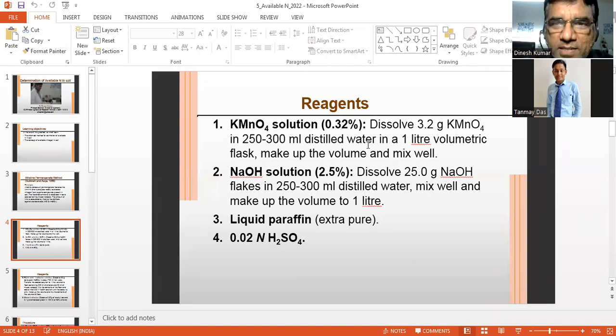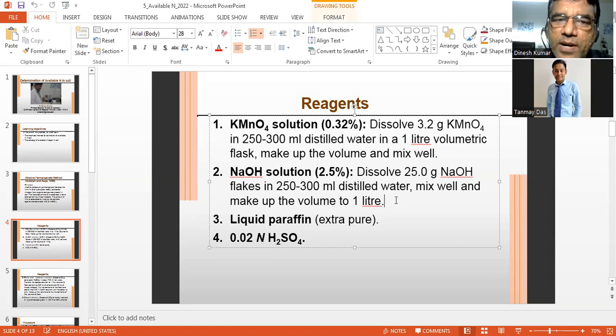Now, next is your sodium hydroxide solution. Here it is 2.5%. I correct myself. It is not 40% here. The NaOH solution is 2.5% here. Dissolve 25 gram NaOH flakes in 250 to 300 ml distilled water. Mix well and make up the volume to 1 liter.